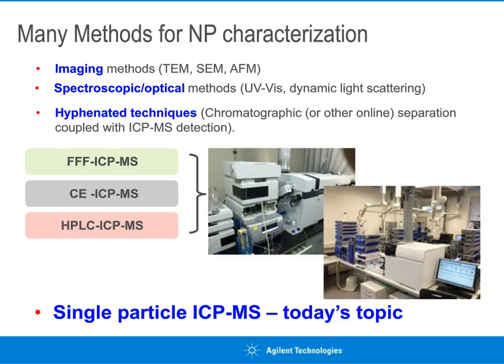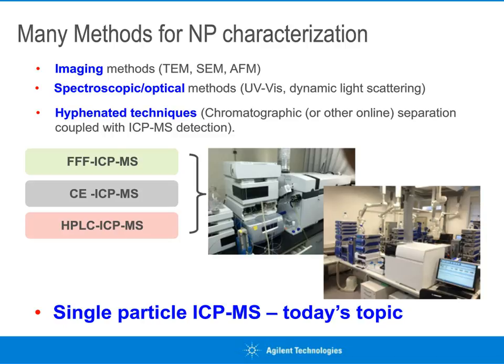Examples of that might include field flow fractionation ICP-MS, or capillary electrophoresis ICP-MS, or HPLC ICP-MS. I'm showing a couple of examples in the photographs here of field flow fractionation systems connected to an Agilent 8800 triple quad ICP-MS in the center and an Agilent 7900 single quad ICP-MS below. And then finally, there's single particle ICP-MS, which is the topic of today's discussion.